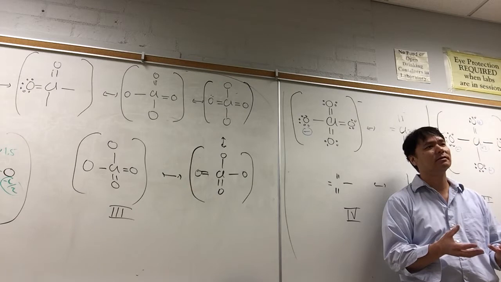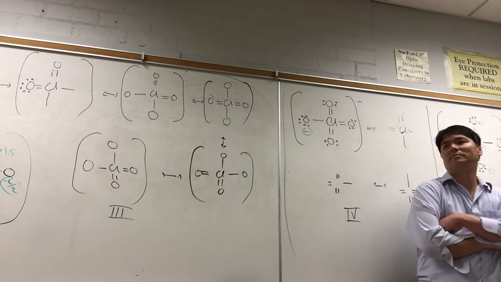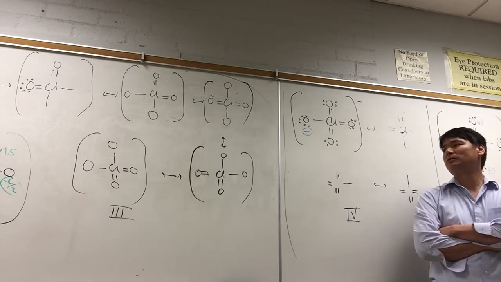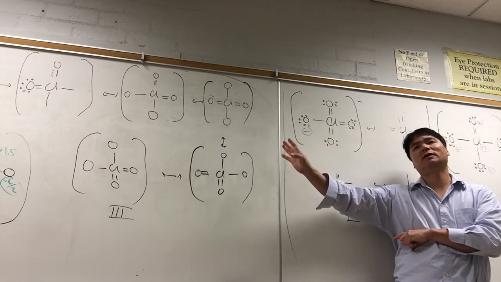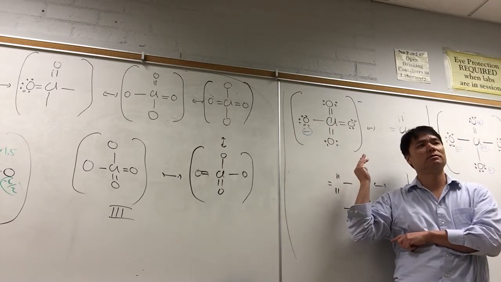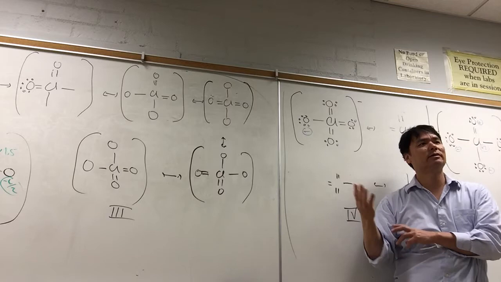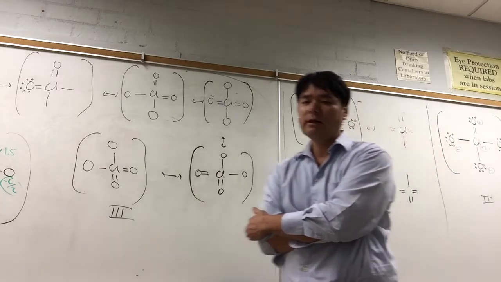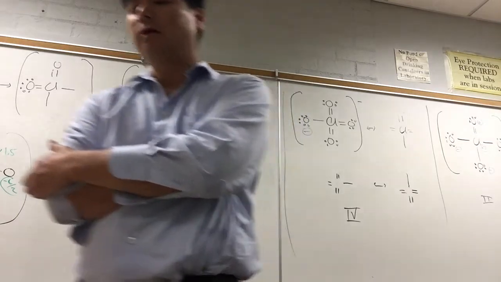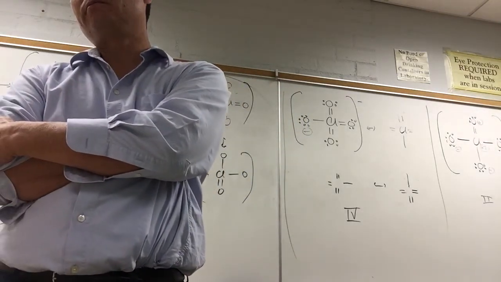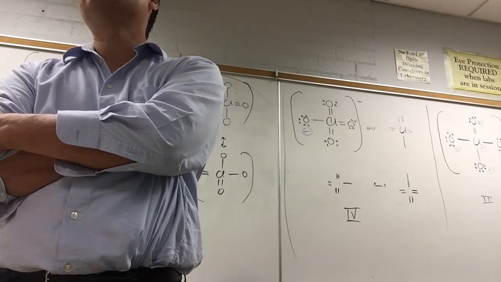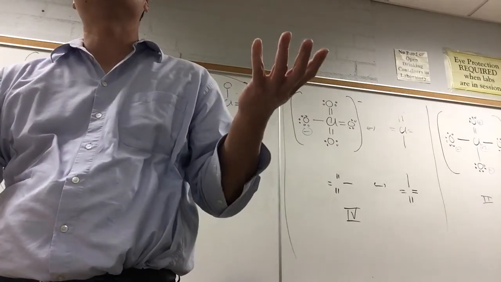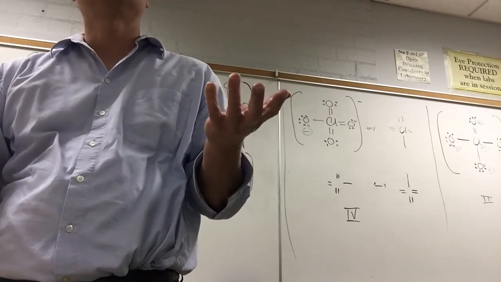Does that make sense? And so it's between the two extremes, probably. Between the extreme where we have the +3 on chlorine to 0, somewhere in between. But anyway, this is what a lot of people do. A lot of people just write down the two extremes and say, well, it's somewhere between, probably.